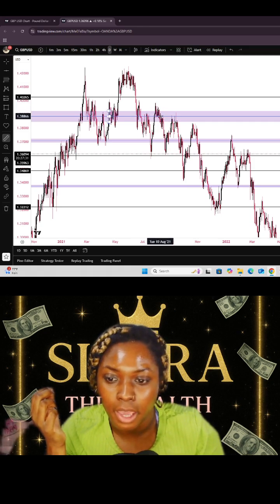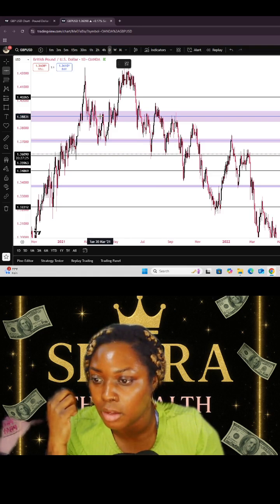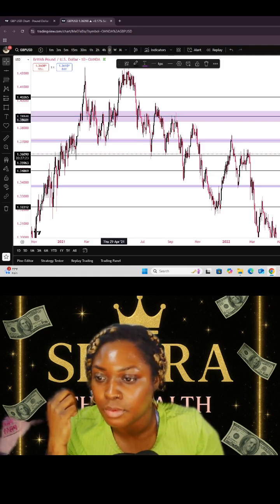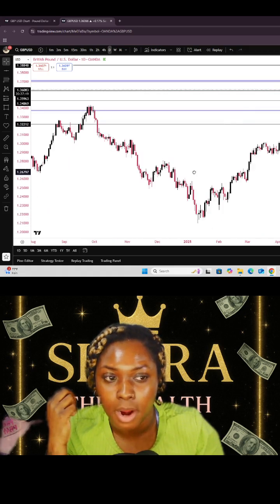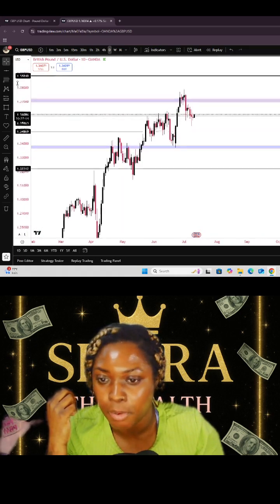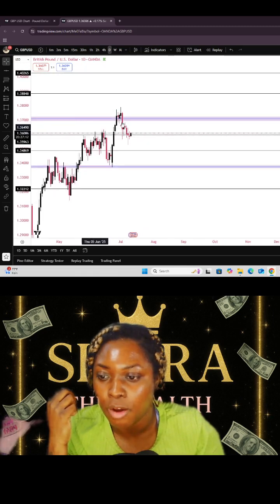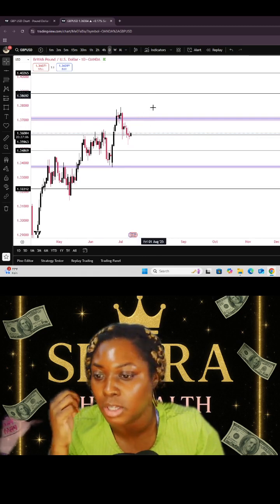Okay. And then it got underneath there. You take it right back. Same trade. So we're going to use this area here. All right. And now I am going to go to current price. And now this is my next take profit zone. But for now, the first take profit zone is here. And then you wait for price to get on top, retest it, and then you can take it to here.